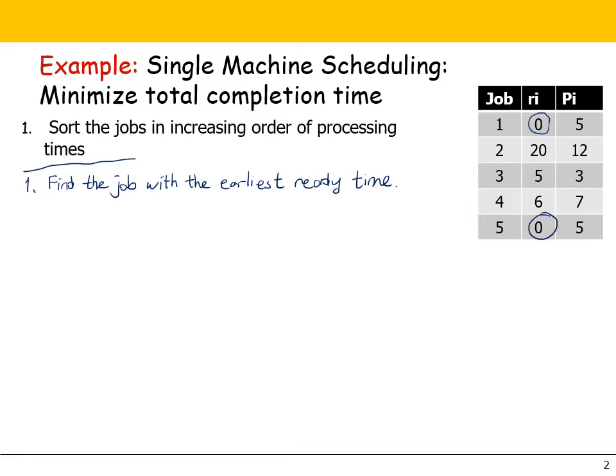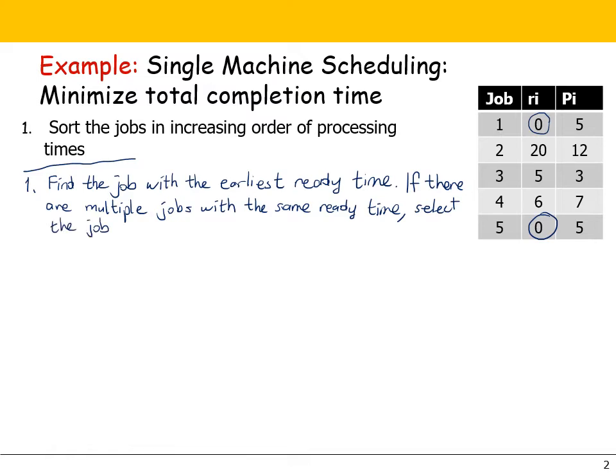Which one should I select? So I need to include: if there are multiple jobs with the same ready time, select the job with the shorter, or shortest, let me say, processing time.